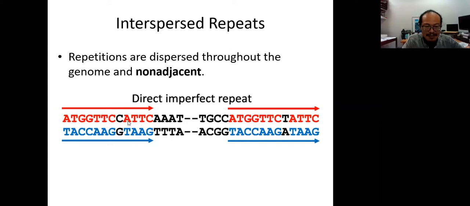Now we have another one, ATTC. So that is also a repeat. Maybe many hundreds of thousands of years ago, they were the same, but over time this one changed or this one changed. That is just an example of the interspersed repeats.